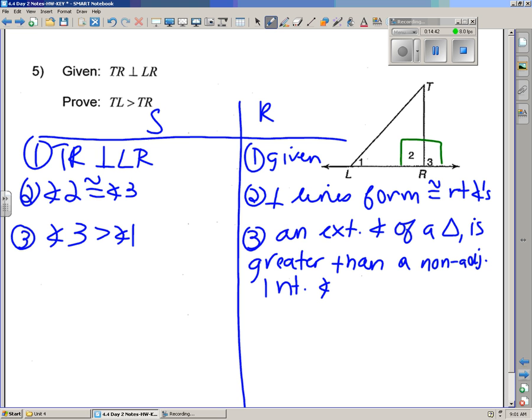And then we can do some substitution here because we've got an equal piece here. We've got an equal, we've got an inequality, and then we can go by substitution and we can say, well, if 2 is the same as 3, but 3 is more than 1, then we have to say 2 must be more than 1. So angle 2 is greater than angle 1, and that's substitution inequality.